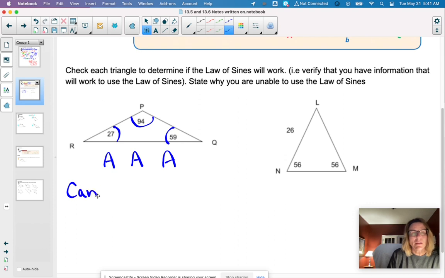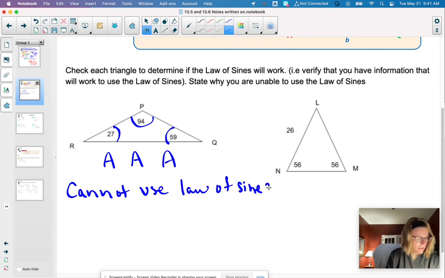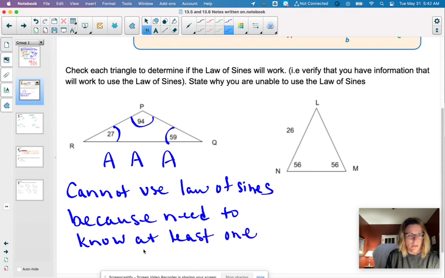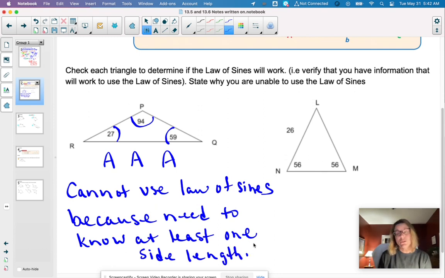So we should write, cannot use Law of Sines because we need to know at least one side length, and we don't. We can't use SOH-CAH-TOA because none of them are 90 degrees.